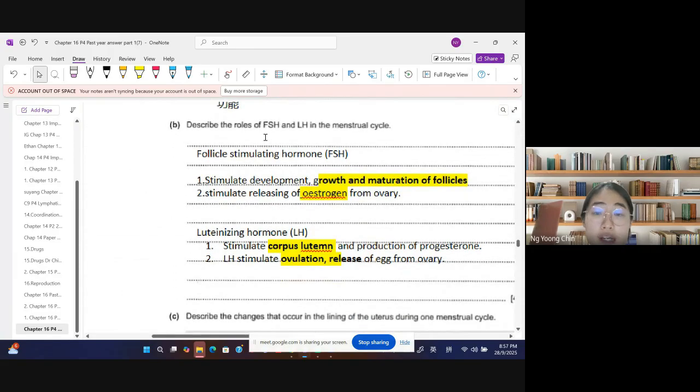And then the role of FSH and LH. FSH will stimulate the growth and development of follicles, and also stimulate the release of estrogen from the ovary. With follicle development, they will secrete a lot of estrogen, so FSH indirectly helps to secrete estrogen from the growing follicle.